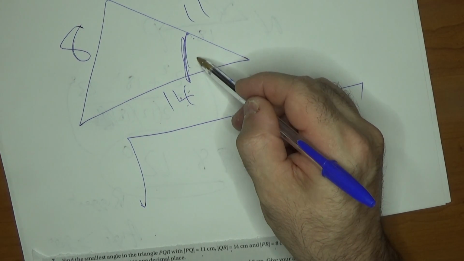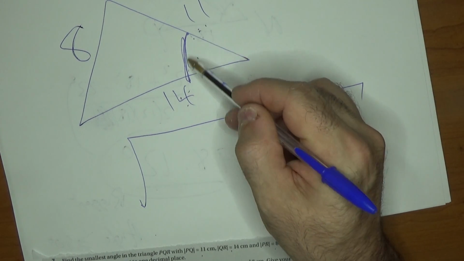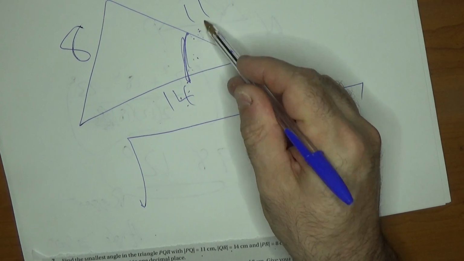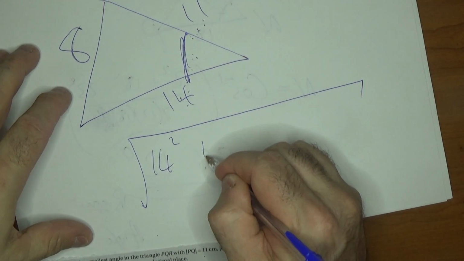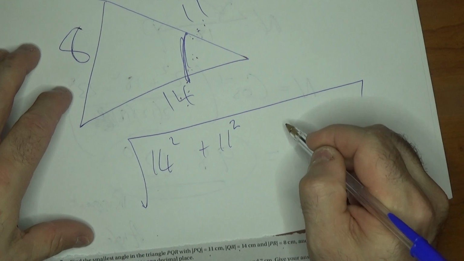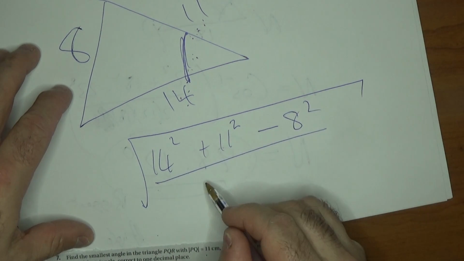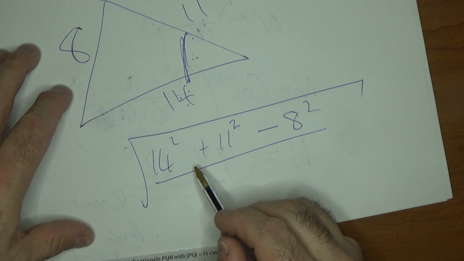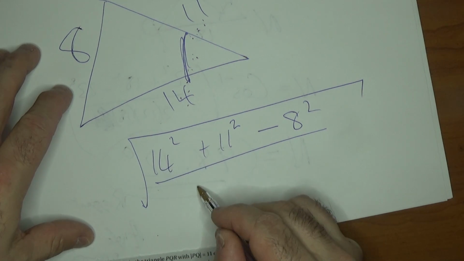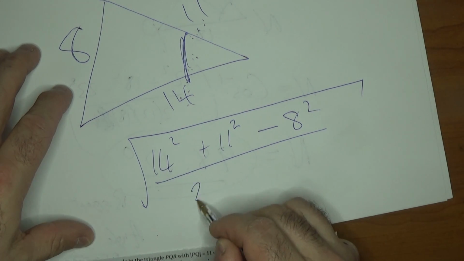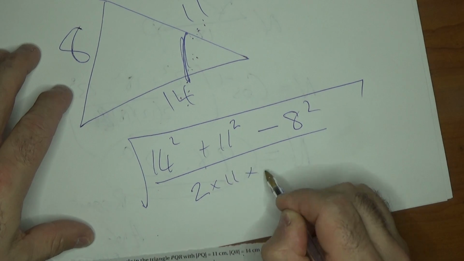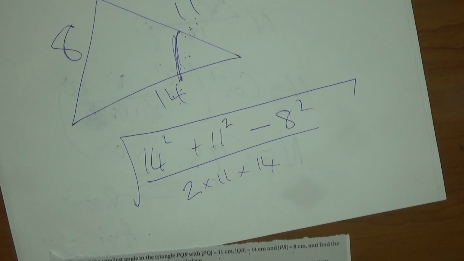This is the included angle, so the adjacent sides to the angle, so my adjacent sides are 14 squared plus 11 squared minus 8 squared over 2 by 11 by 14.